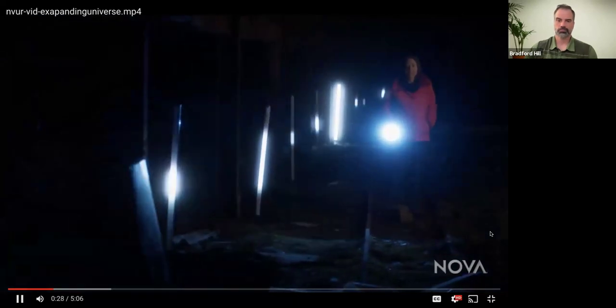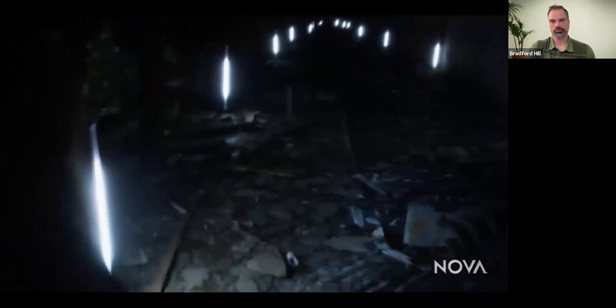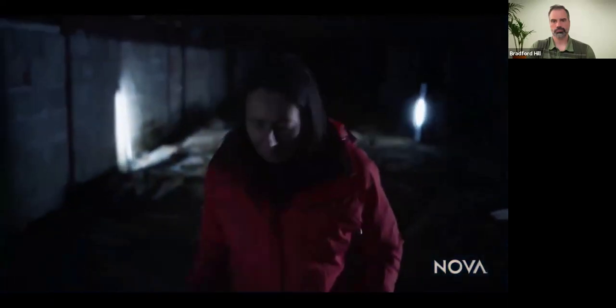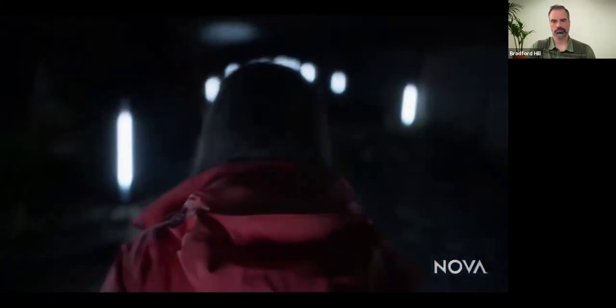We have seen type 1a supernovae across the entire universe. We can measure the distance to their home galaxies. And that can tell us how the universe is changing over time.